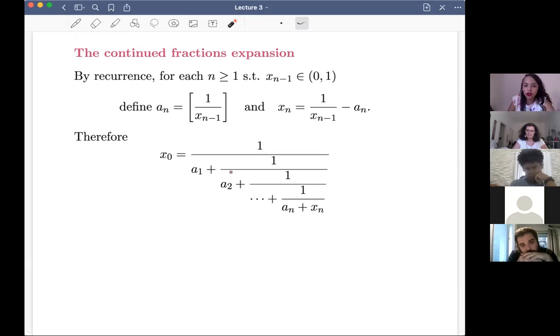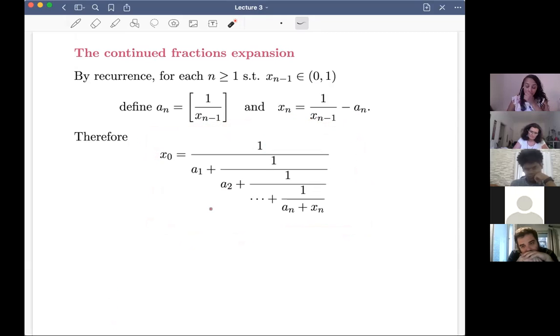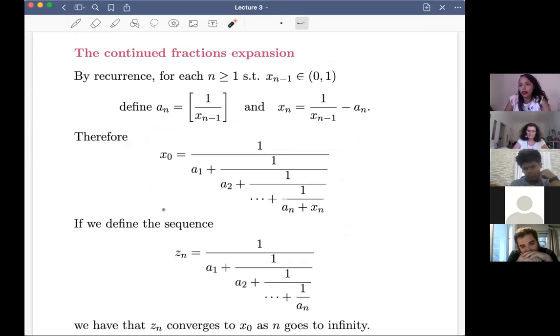And then you write everything and you obtain that x0 is equal to this huge fraction. That's beautiful, no? Okay. Then you can do the following. You define the following sequence.